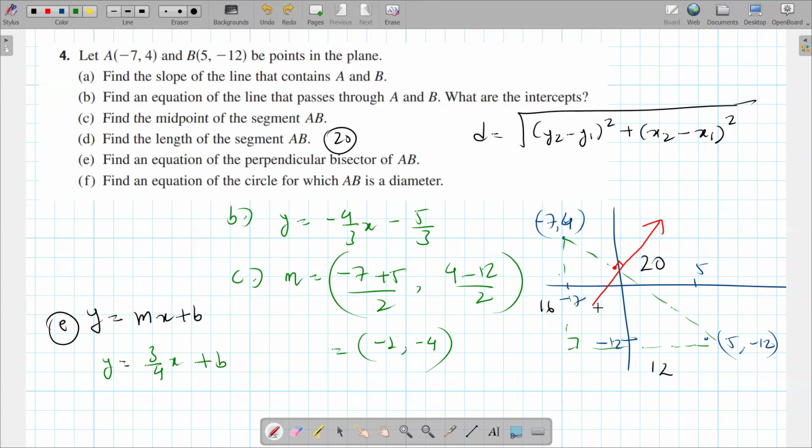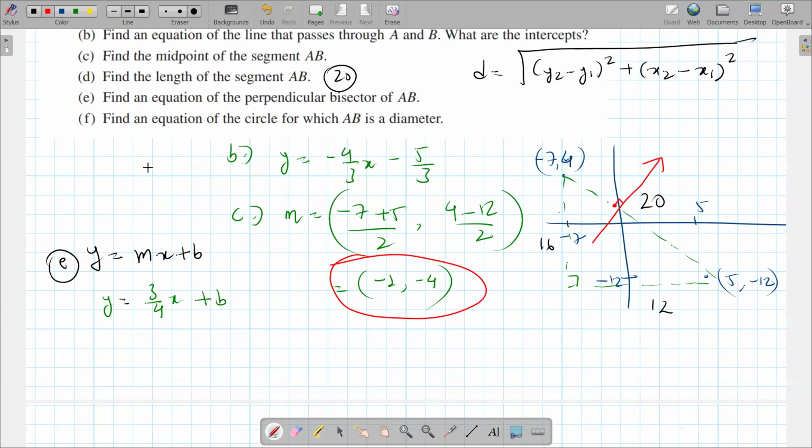So we only have one point that we know. So that's the only point we could possibly plug in. So to find the b value here in part E, we're going to plug in the midpoint from part C, because that's the only point these two lines share. So we're going to plug that in as y and x, and that should give you the answer.